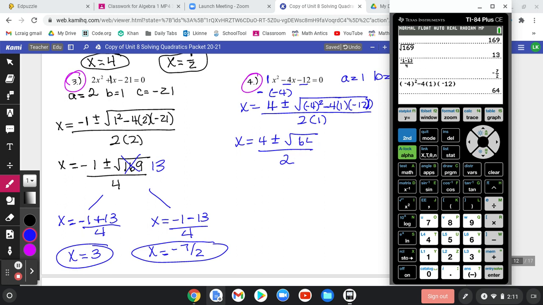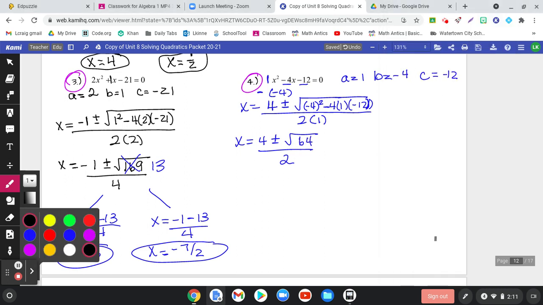And if you do the square root of 64, we get 8. Good one. So when we split it up, we're going to have x equals 4 plus 8 divided by 2, or we're going to have x equals 4 minus 8 divided by 2.